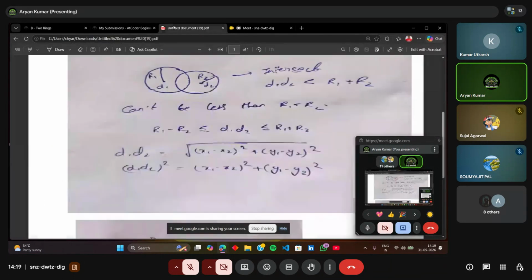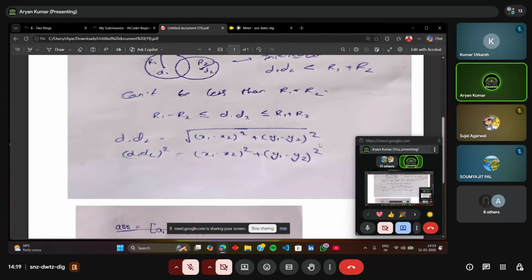This is the formula: square root of (x1 minus x2) whole square plus (y1 minus y2) whole square. Since there is a square root, to avoid its complexity we will solve this problem in terms of the squares of distances. So this is our main condition to be satisfied for two circles to have a common point.